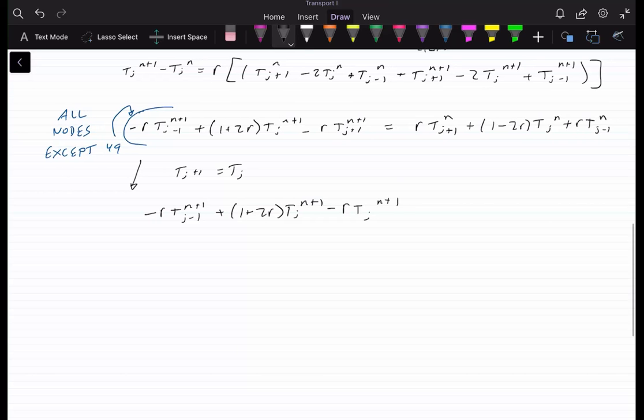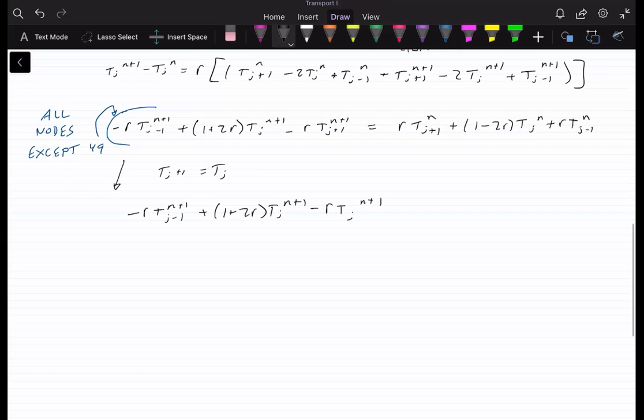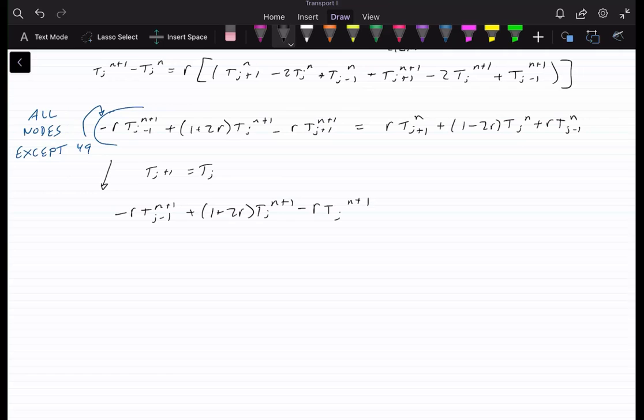Okay, so I subbed this guy. That was a J plus 1, so the next position. The temperature at the next position is going to be the same as the previous for node 49, just because it doesn't change. So this is going to be Tj now, because this is J plus 1.